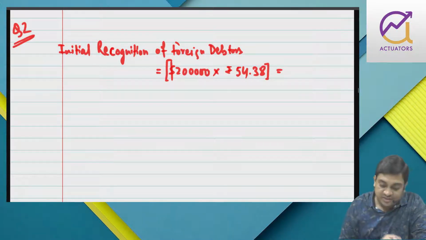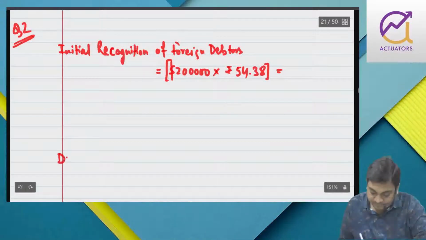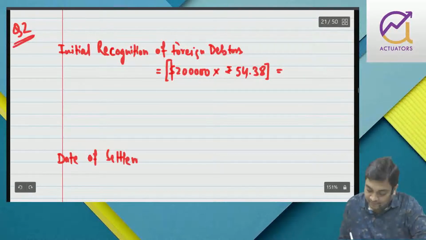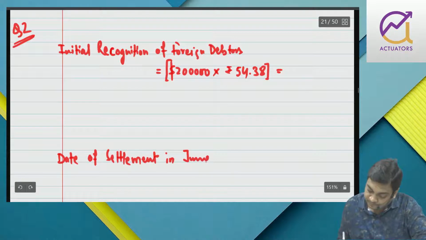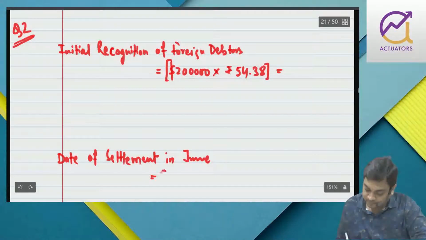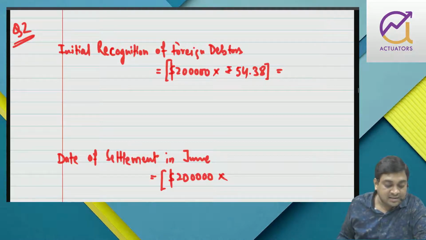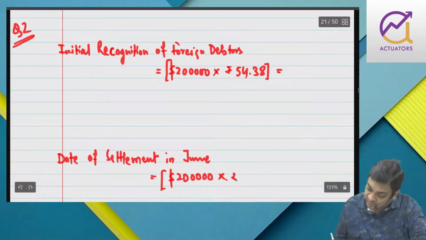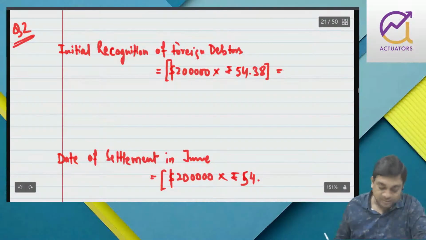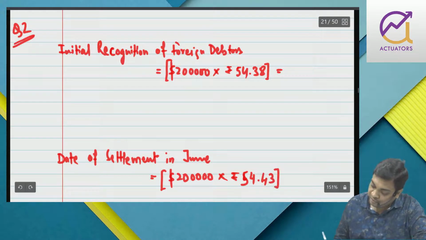The amount was received, date of settlement, sorry, in June. So that will be $2 lakh, and things are settled at 54.43.